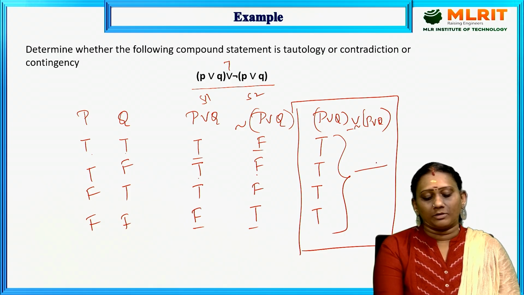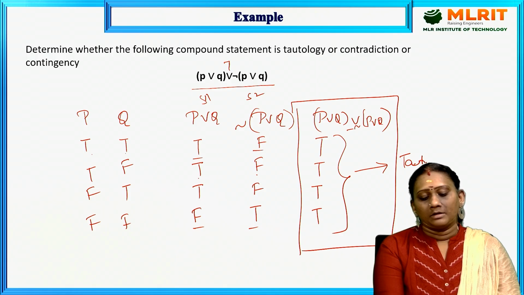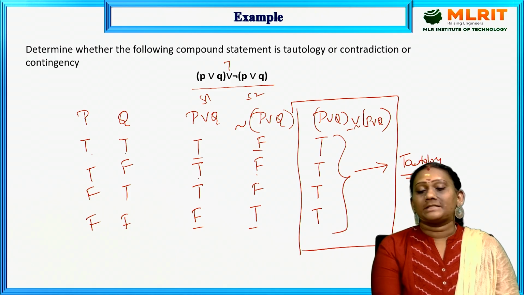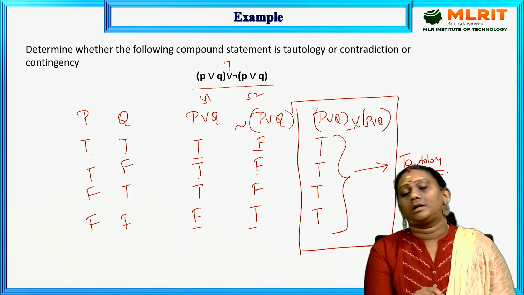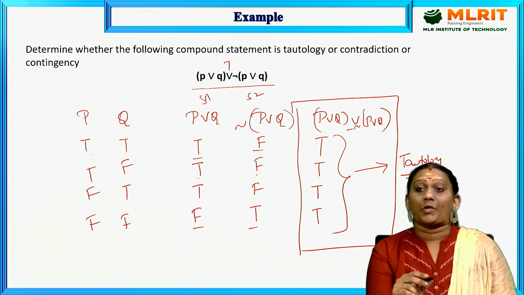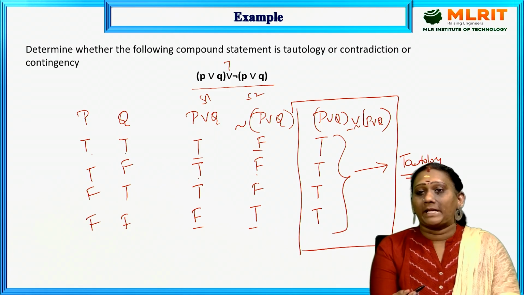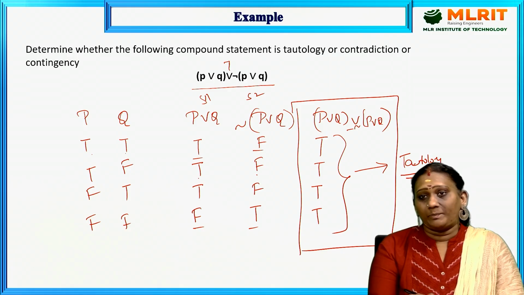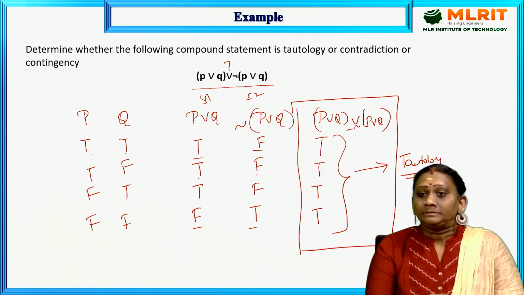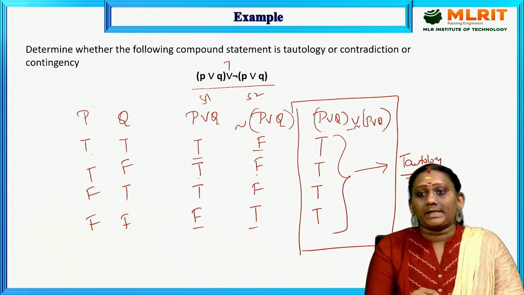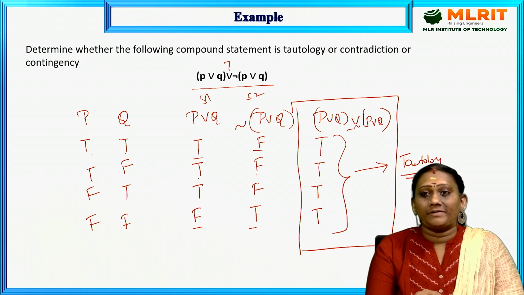So I conclude this is a tautology. I write the statement: the particular logical expression is a tautology, as irrespective of the different combinations of truth values, the output is true. So this is about tautology, contradiction and contingency. In the same way, we are going to have a proof.